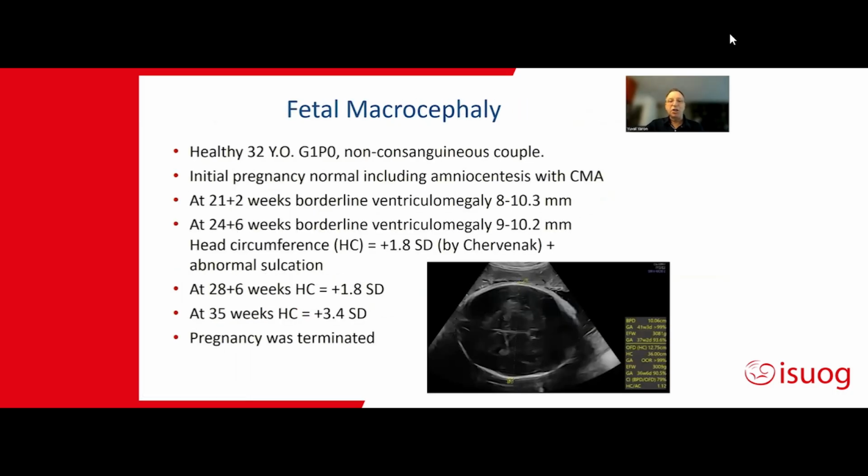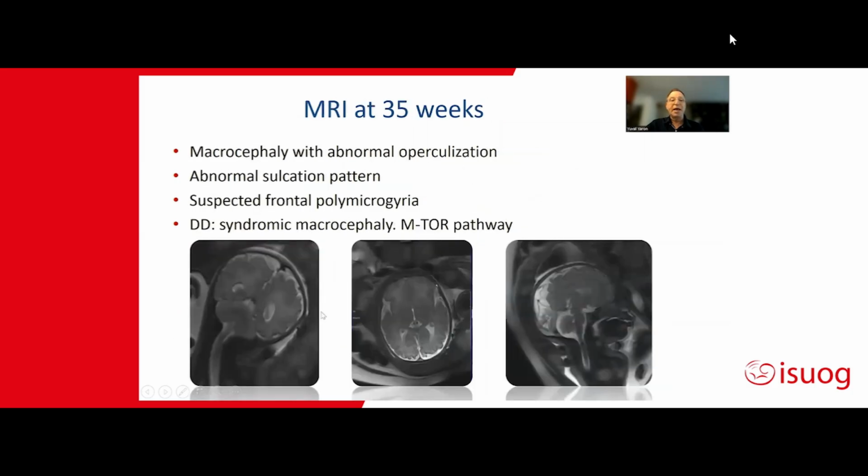The other case I described in the first talk that I had given about malformations of cortical development showed a case with significant macrocephaly that was demonstrated very late in pregnancy, because at 28 weeks the head was large but still within normal range, but at 35 weeks it was plus 3.4 standard deviations. Of course, the pregnancy was terminated, and the MRI showed significant abnormalities with the macrocephaly, abnormal operculation, and abnormal sulcation pattern with frontal polymicrogyria.